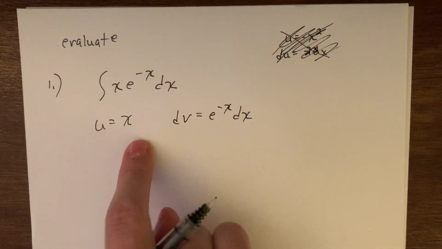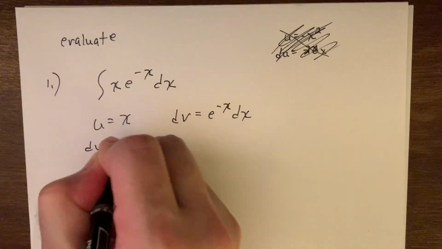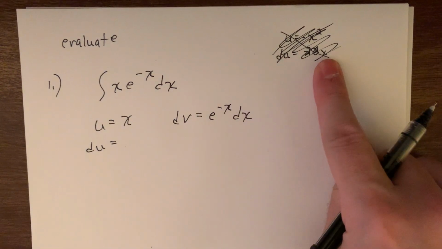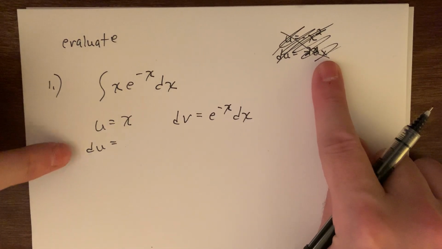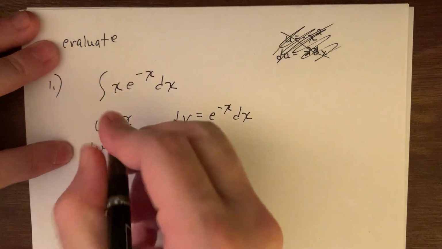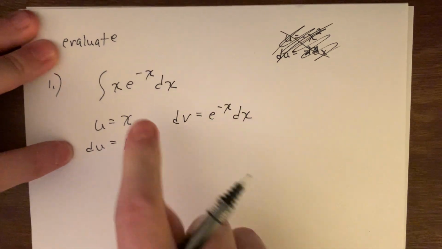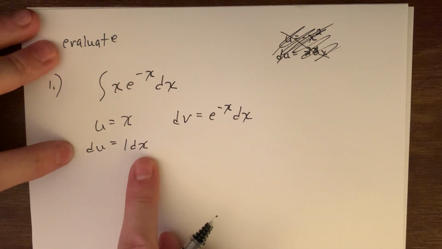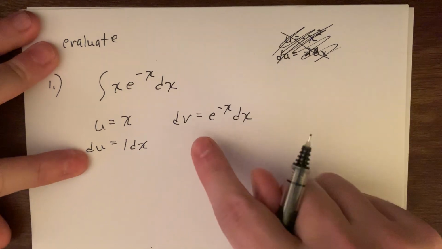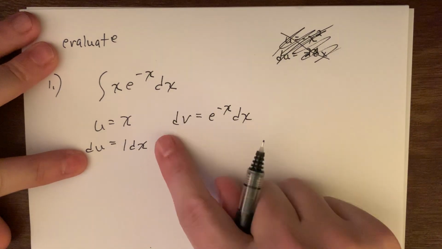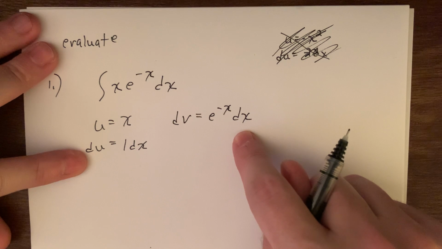So now, there's my u, du. Again, I'm not trying to make this too similar to a u substitution, but just the notation. You move to du by taking the derivative, and here that would be a 1. And it still has to get that marking dx, just like it did for u substitutions. For this part, now I'm taking the antiderivative.